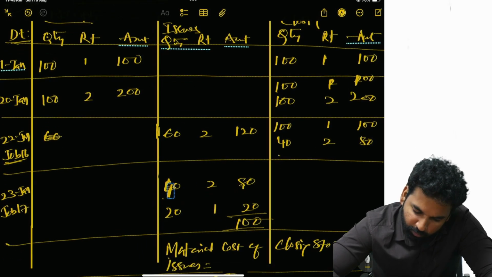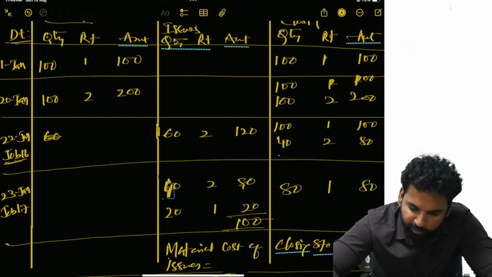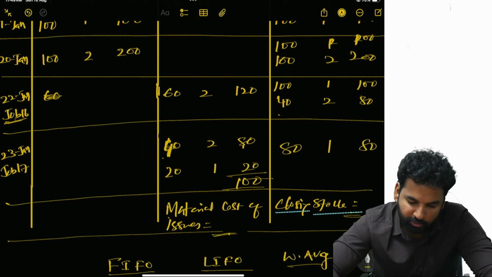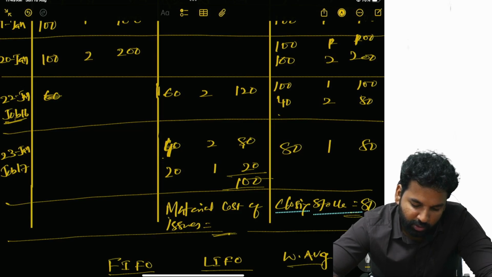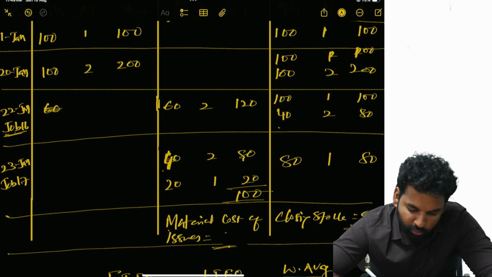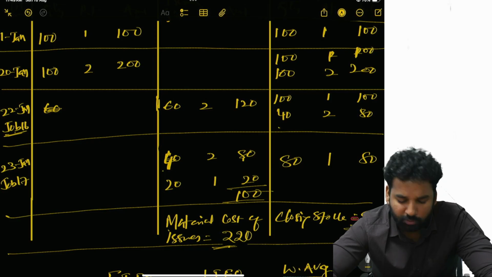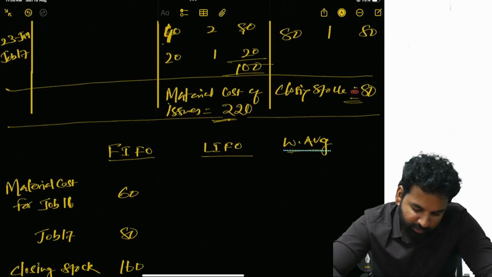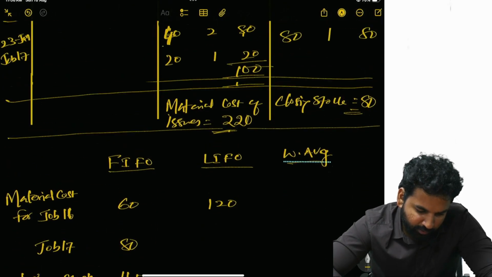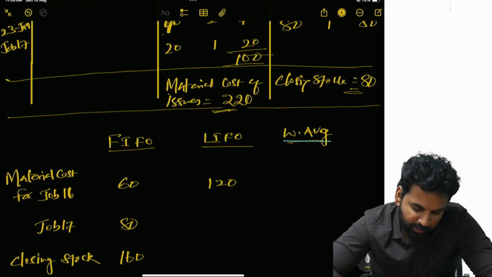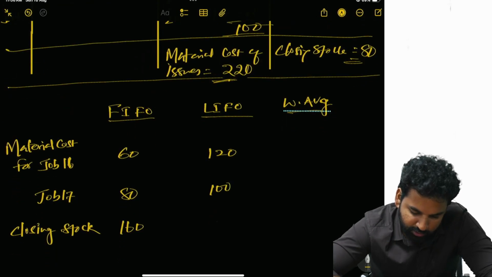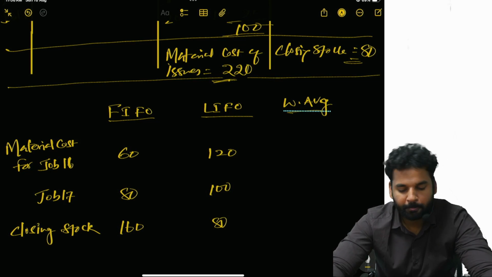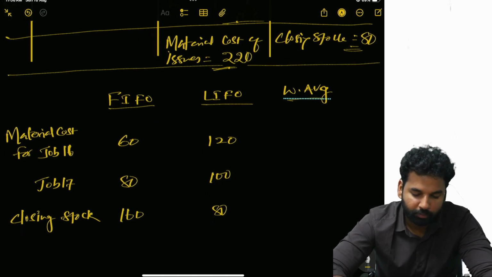So remaining stock will be how much? 80 into 1, 80. Do you get this? Right. So what is the closing stock? 80. What is the cost of the material issues? 220. Correct? So under the LIFO method, material cost for job 16 is 120, material cost for job 17 is 100. Closing stock is 80. Is this okay?